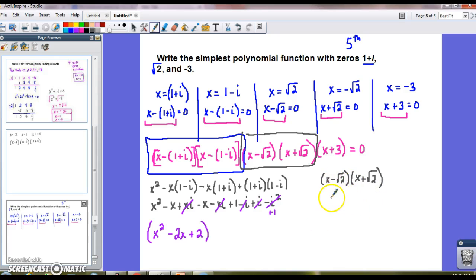And when I multiply those together, I get x squared plus x square root 2 minus x square root 2 minus square root 2 times square root 2, which would be square root 4, which is 2. Okay, my middle terms are going to cancel out here. So I end up with x squared plus 4.